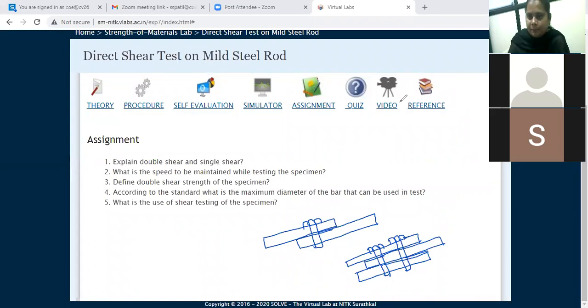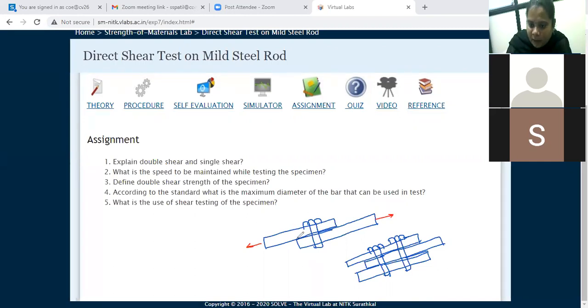Single shearing means I have applied a tensile load here. After application of loading, these plates move in this direction and this plate moves in this direction. So when these plates move in a particular direction, shearing occurs between these two plates. You have to observe in how many places shearing occurs. On that basis, single shearing and double shearing differ.